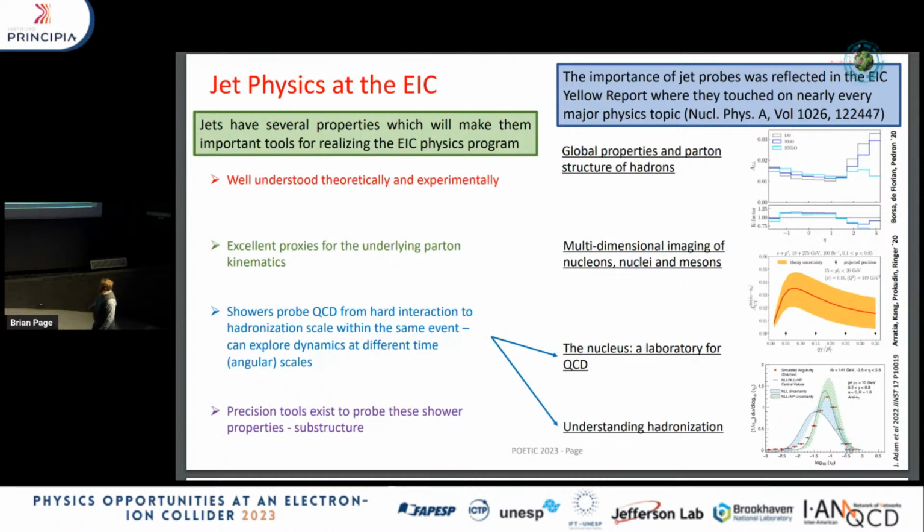Moving on to the fact that we have these showers, you can look at the modification of these showers to learn about the properties of the nucleus, as well as understanding hadronization. And of course, the substructure plays into that as well. And actually, if you talk about particles within a jet, you can actually extract some TMDs from that as well.